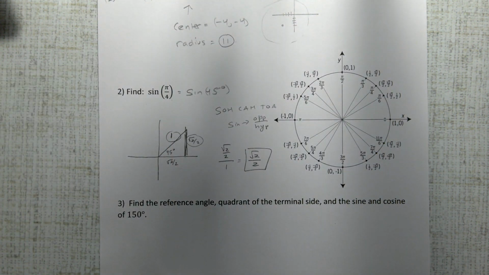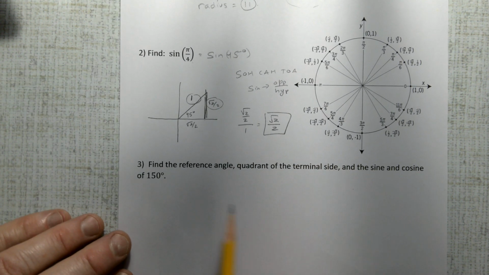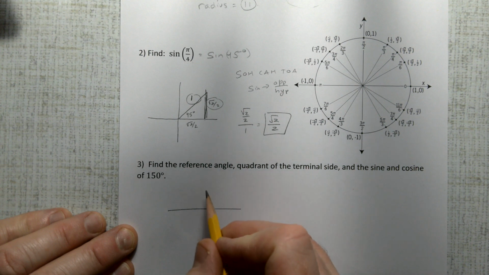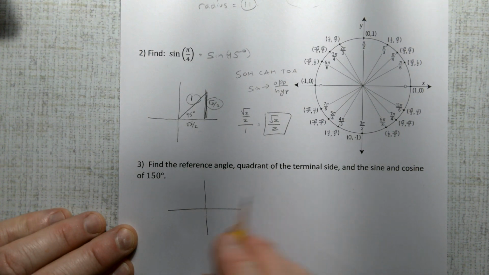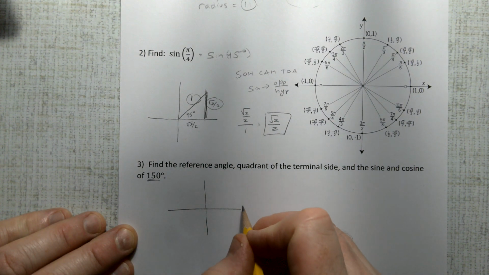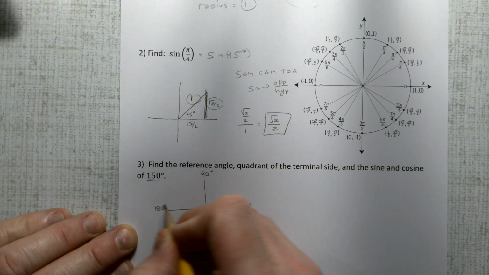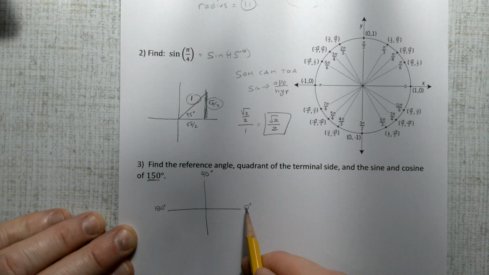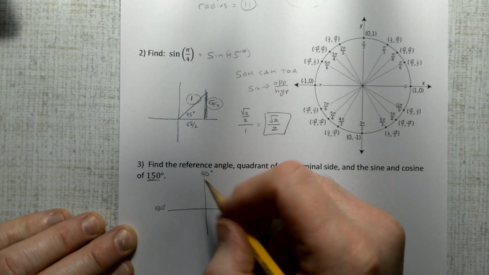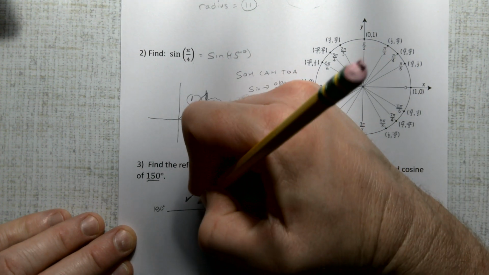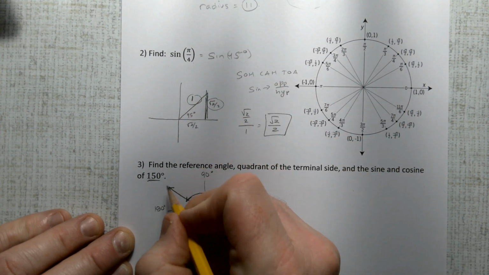Alright, one more, same type of problem. Find the reference angle and the quadrant of the terminal side of 150 degrees. Well, when we're drawing stuff on the unit circle, we start from 0 and go this way. So I'm going to put 150 about right there.